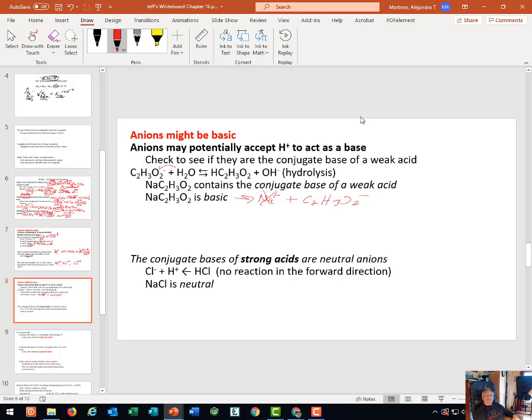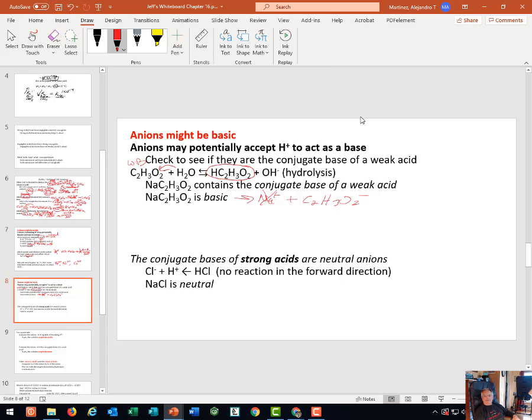A proton is accepted from water by acetate to form acetic acid, the conjugate acid of the acetate. So if its conjugate is a weak acid, then this is going to be a weak base, the anion is.